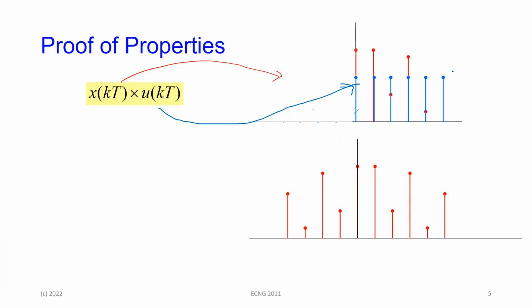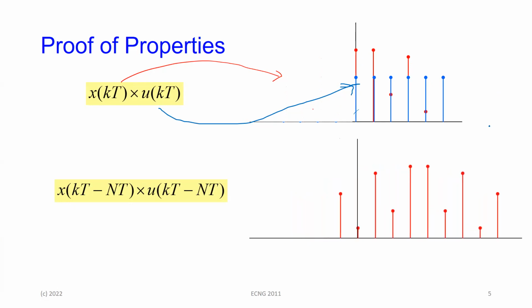So if I delay it by some amount, x(kT minus nT) is this red stuff shifted by some amount n. We just went through that, right? These values are shifted or delayed by some amount n.